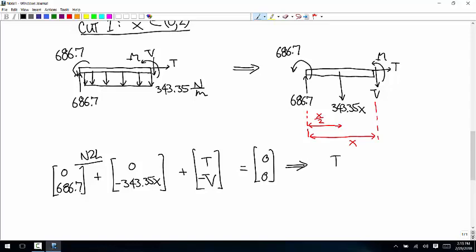So there's no internal tension. And v is equal to 686.7 minus 343.35x.